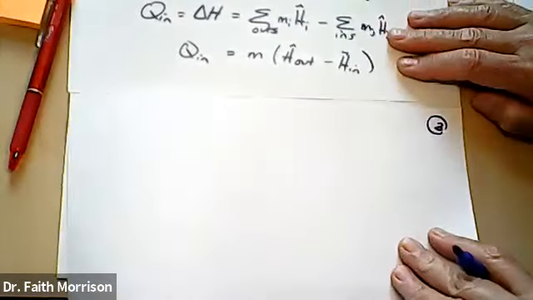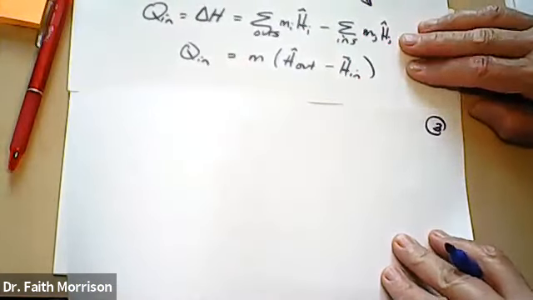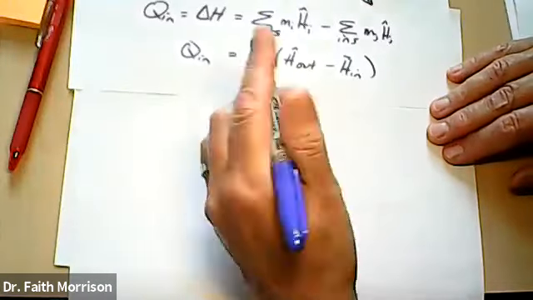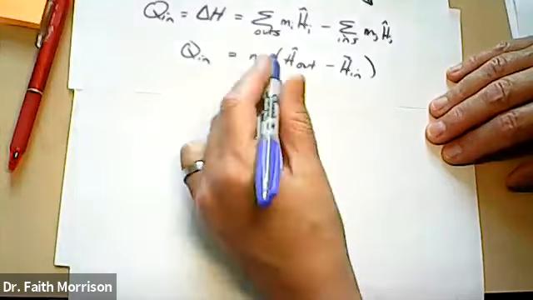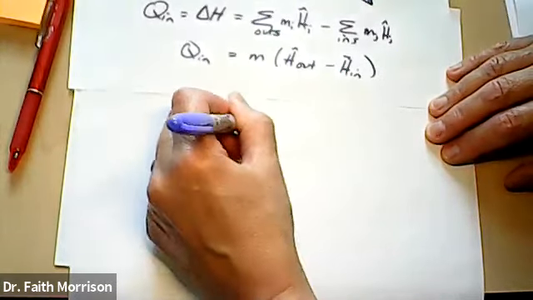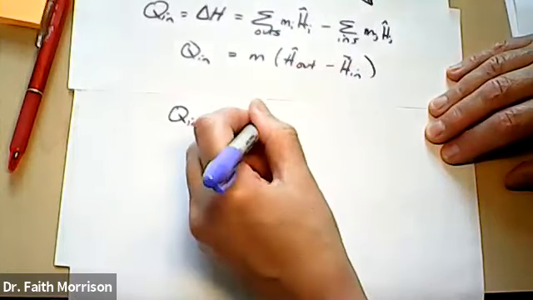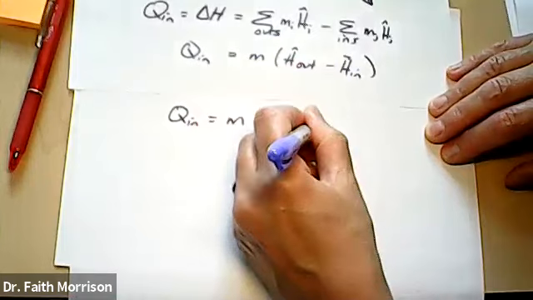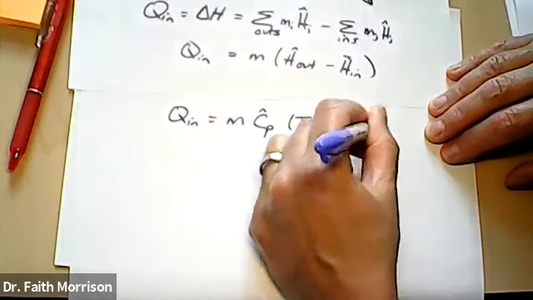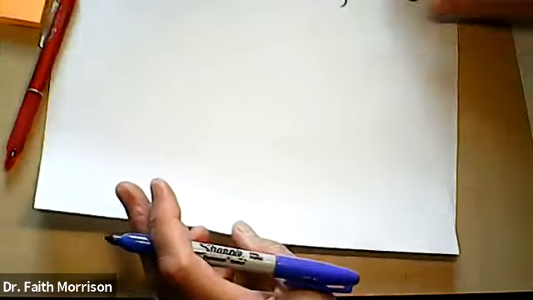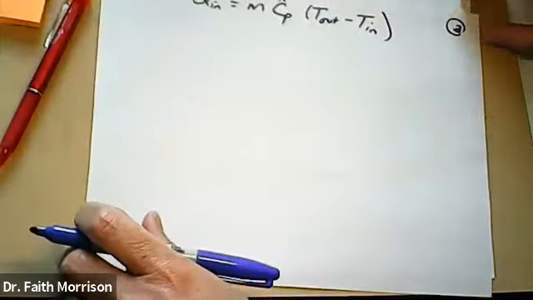So the enthalpy change for a liquid, at constant pressure with only the temperature changing, is given by Cp delta T. So Q in is equal to m, and then this delta H is going to be the heat capacity of the water times T out minus T in. So this is now an equation we can evaluate directly.